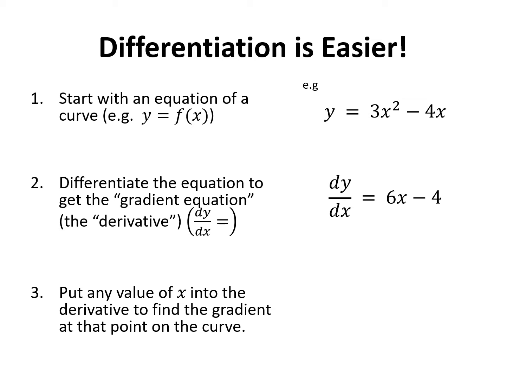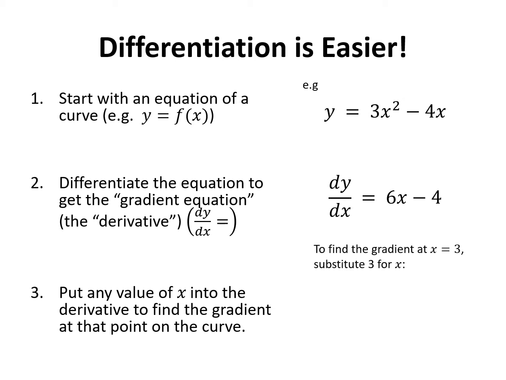Once we've got that equation, we can put any value of x into it and it will give us the gradient. If we put a value of x into the top equation, it will give us the y value. But if we put an x value into the second equation, the dy by dx equation, that will give us the gradient.